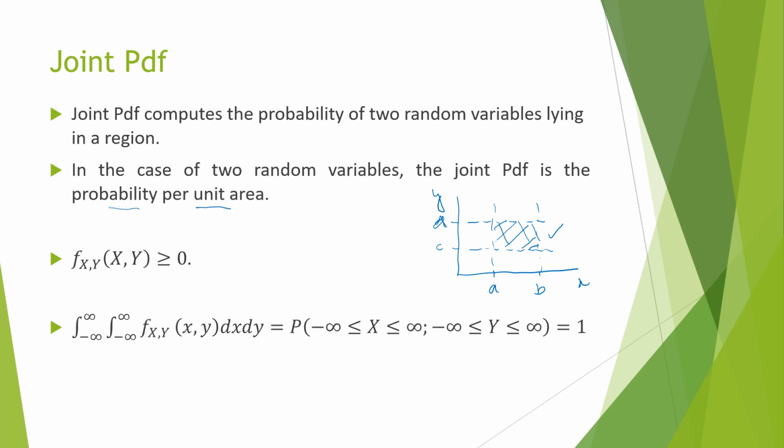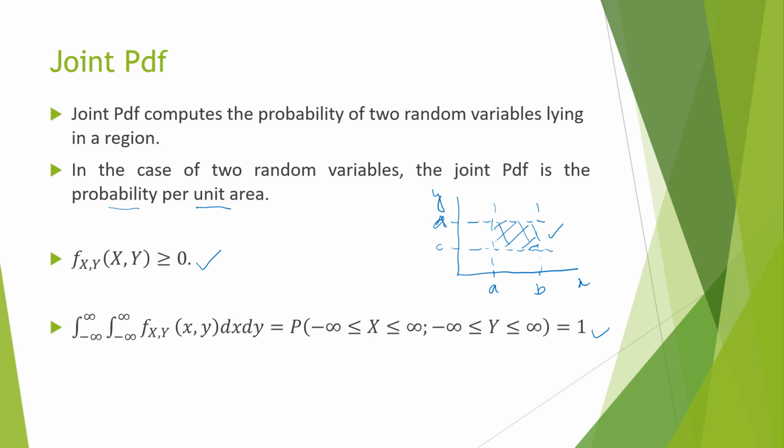If you consider the properties, fxy(x,y) is greater than or equal to 0. It means the joint probability density function is always non-negative, like in the case of the simple PDF. Another property is that the area covered under the joint probability density function is unity.